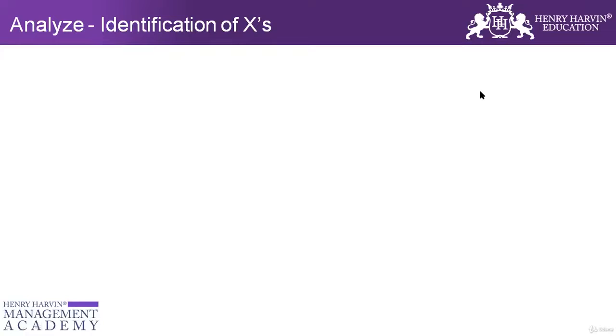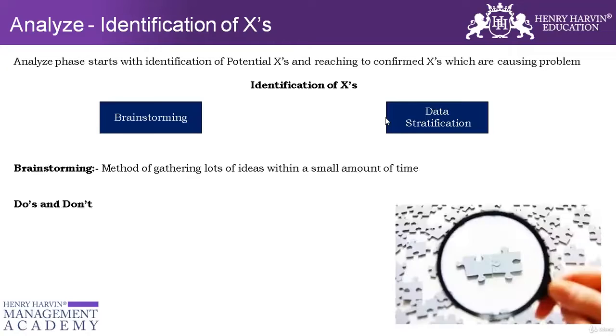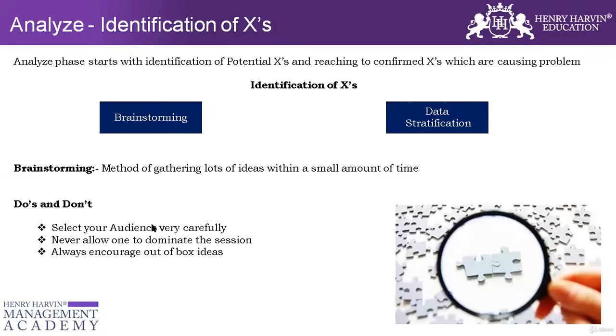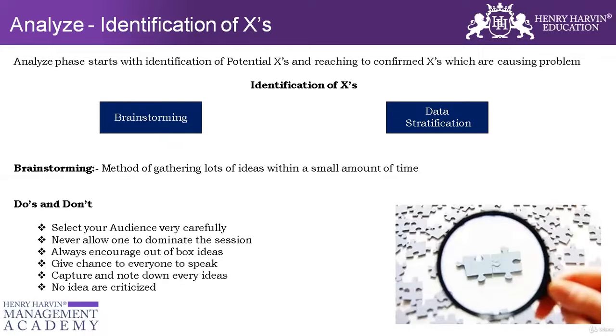I'm not saying whatever you said is wrong, but the first and key most thing which has to be there in the brainstorming is to select the right audience. Because if you don't select the audience very carefully, you will not get the desired outcome. Okay. So that is the do's and don'ts of conducting the brainstorming.